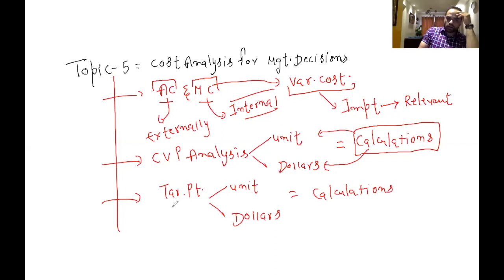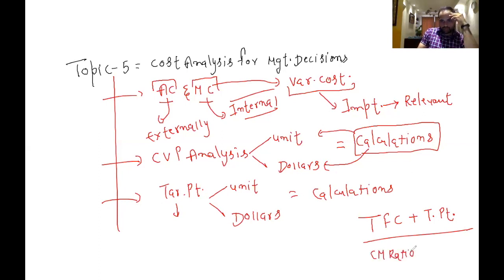Make sure target profit, when we use the formula for units or dollars, the numerator is total fixed cost plus target profit, divided by the contribution margin ratio or contribution margin per unit. Whatever. It's for units and it's for dollars.